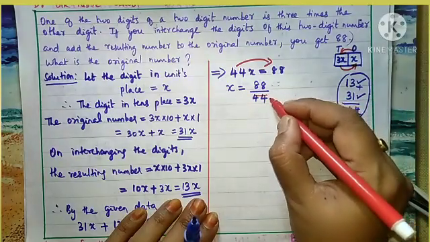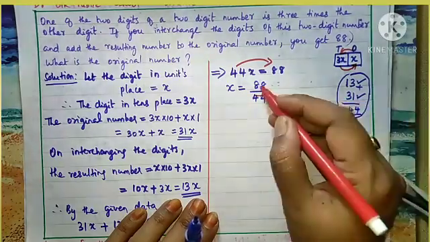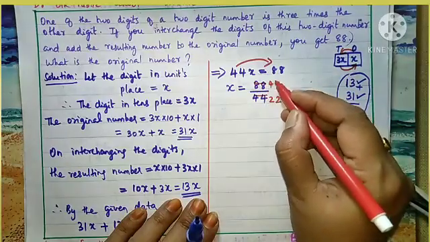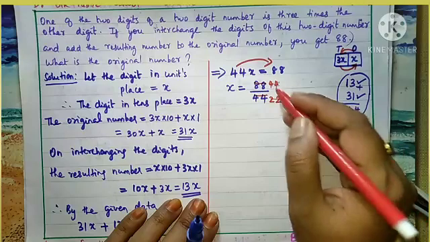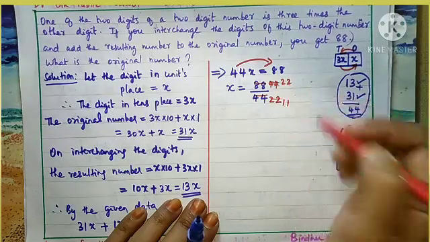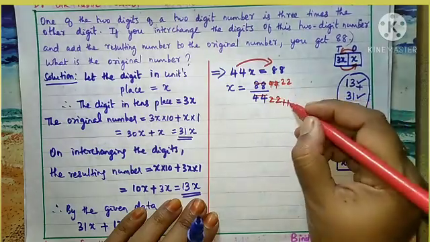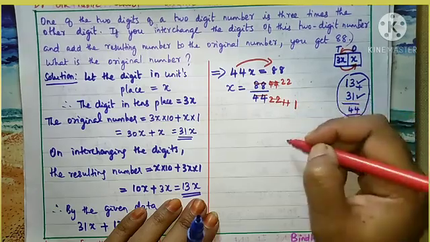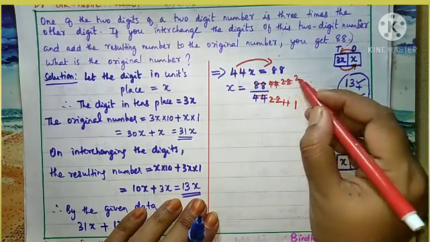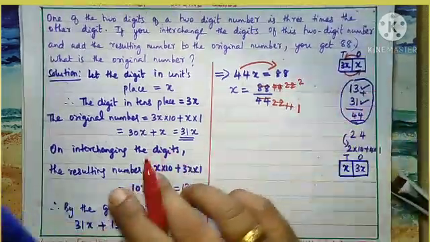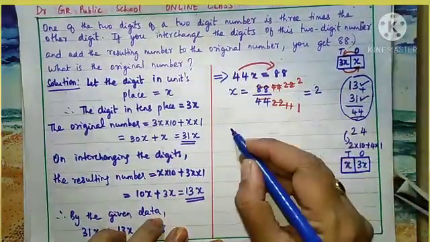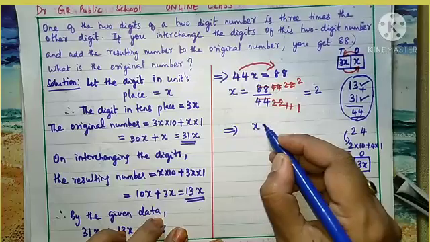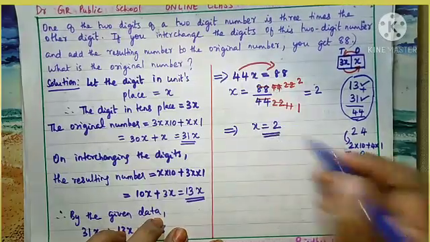Cancelling by 2: 2 2s are 4, 4 2s are 8. Again, 1 2 is 2, 2 2s are 4. Again cut by 11: 1 11 is 11, 2 11s are 22. So what is the value of x? 2. This implies the value of x is equal to 2.